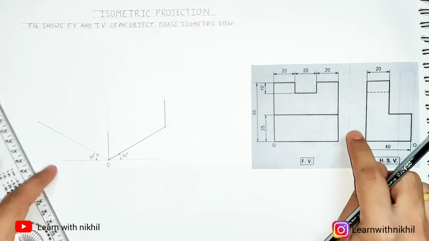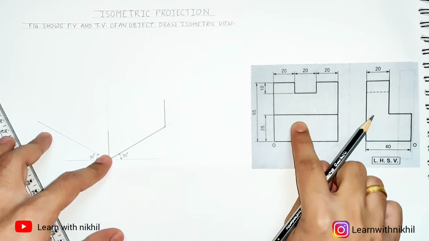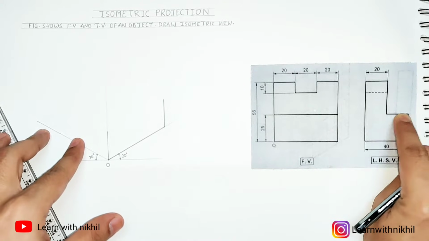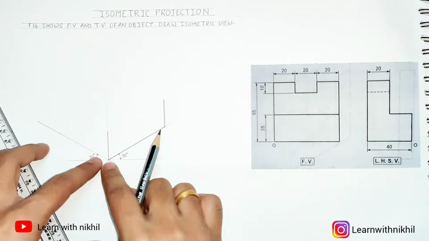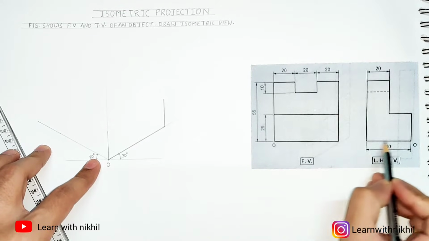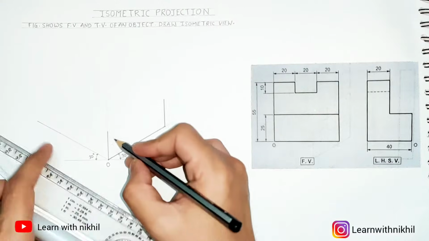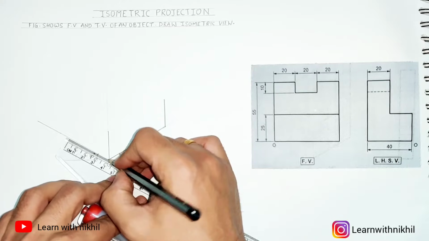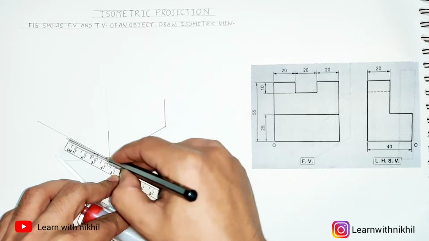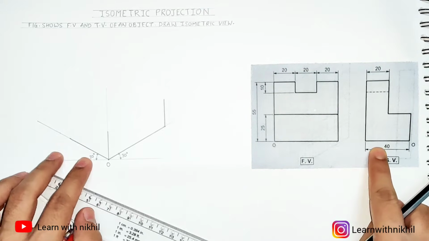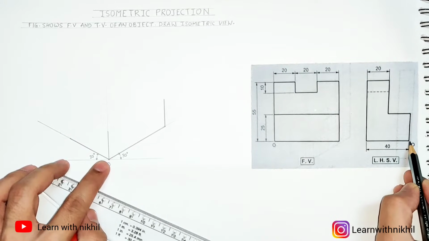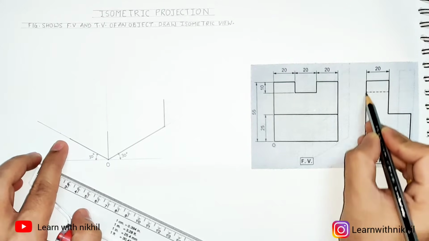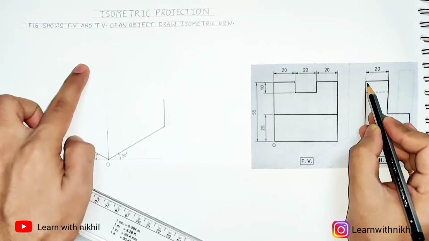This is this line, and it is resembling in the side view as well. Here from the side view, this is this line, as it has a depth. So from this O point, this length is 40. So side view length is 40. We'll mark a straight dark line of 40. This is this distance from the side view. This is the point O. Now this height will be here.